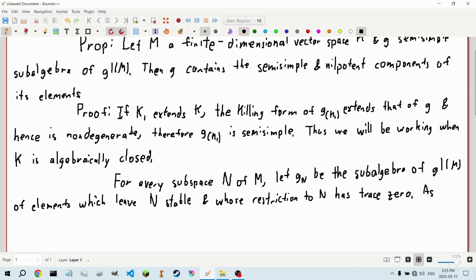As a semisimple algebra is its own derived algebra, we have that G is contained in Gn if n is stable under G.